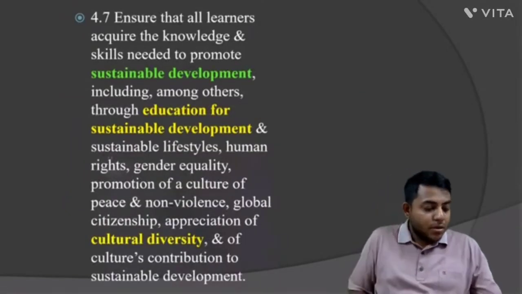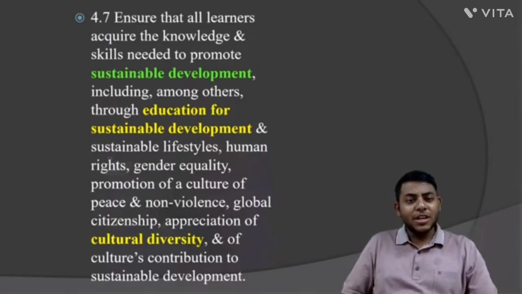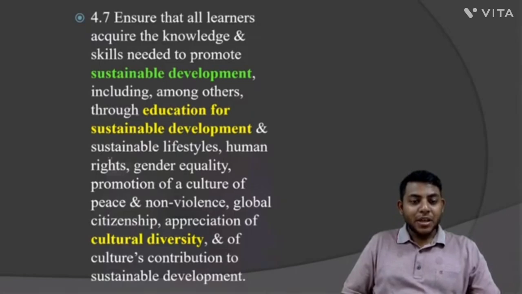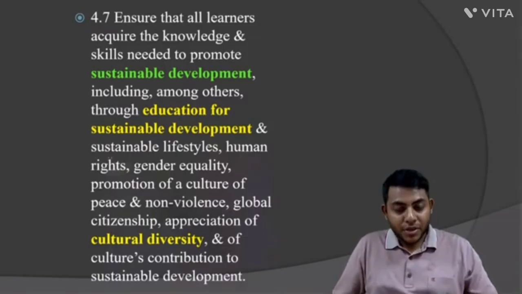And Sustainable Development Goal 4.7 says that all learners acquire the knowledge and skills needed to promote sustainable development, including among others through education for sustainable development and sustainable lifestyles, human rights, gender equality, promotion of a culture of peace and non-violence, global citizenship, appreciation of cultural diversity, and of culture's contribution to sustainable development.